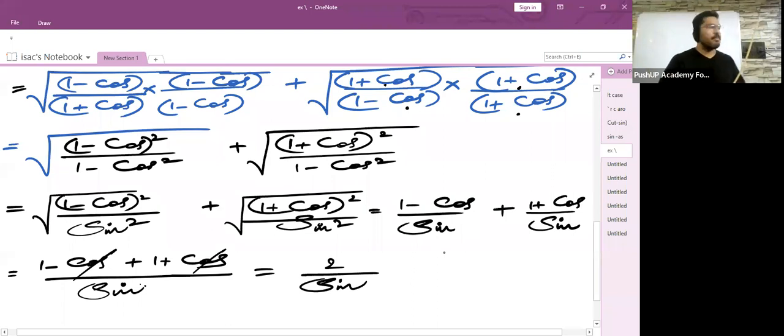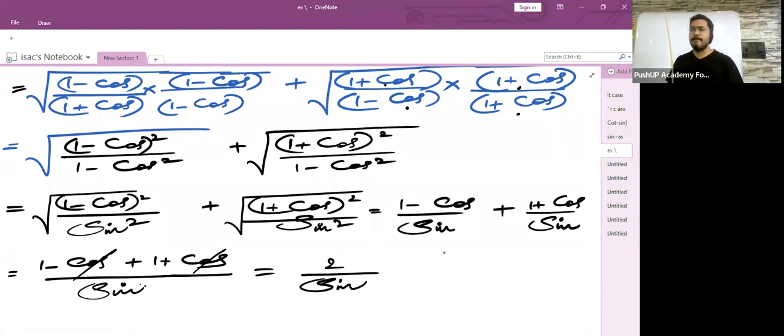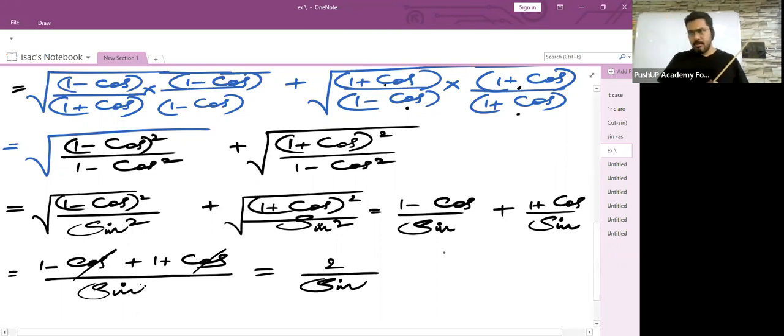Understood, no? What is 2 upon sine in terms of cosec? Look at the screen. 2 upon sine can be written as 2 into 1 upon sine.